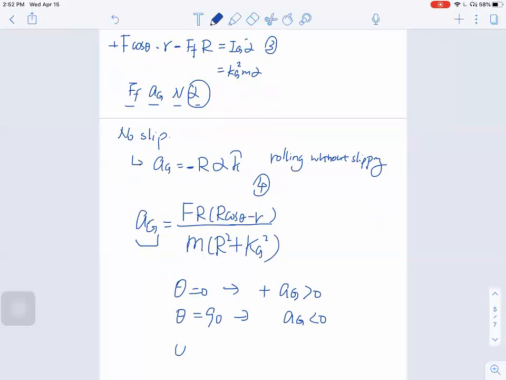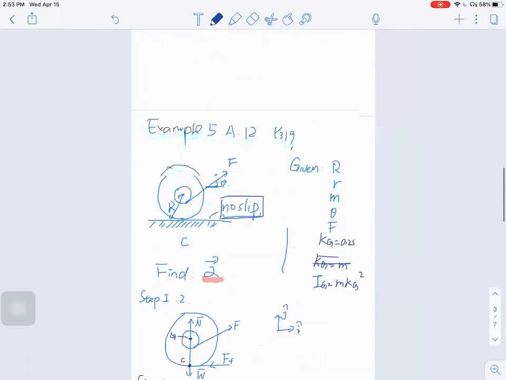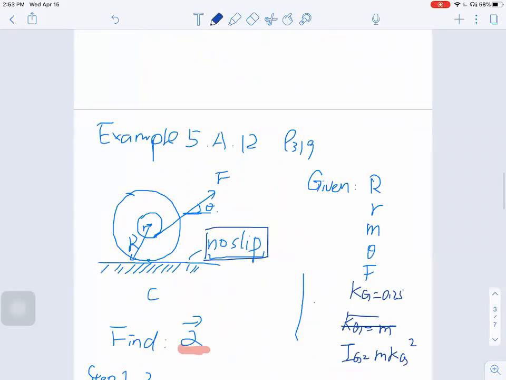And if your theta equals the inverse cosine of small r over large R, then you're going to have aG equals 0. So theta tells you how you pull this would affect which direction the spool will roll. And that's something we did in the chapter 2 topic.